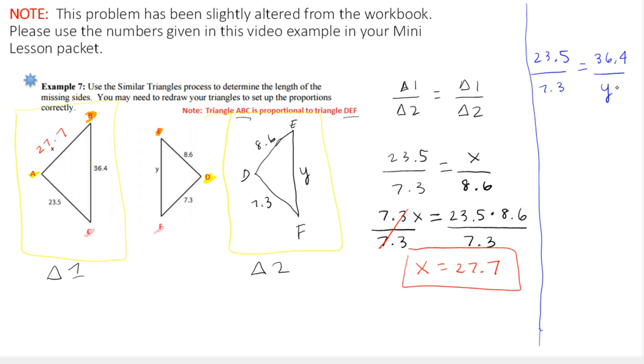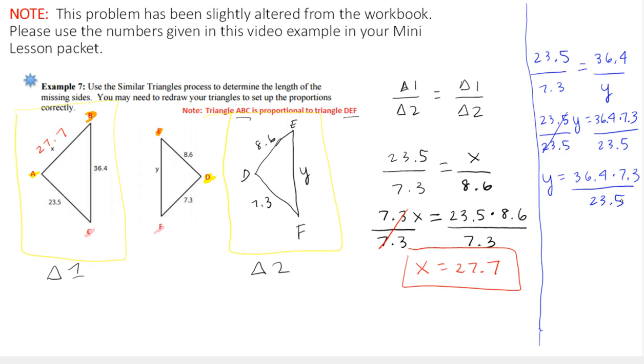Now we could use the same cross-multiplying process. 23.5 times y equals 36.4 times 7.3. Now I'm going to divide both sides by 23.5. That cancels, and y equals 36.4 times 7.3 divided by 23.5.